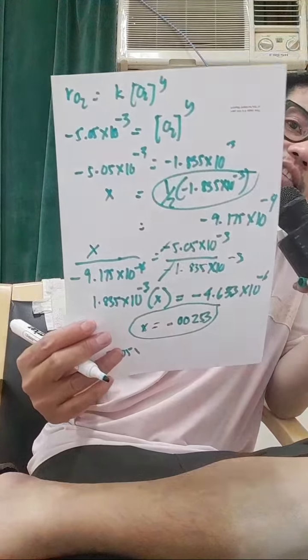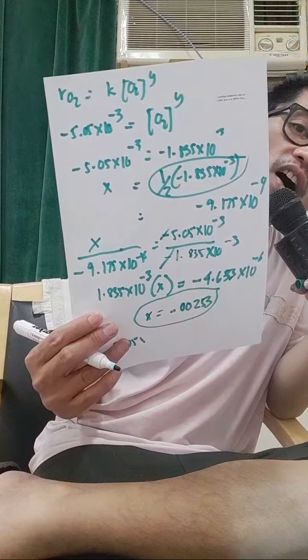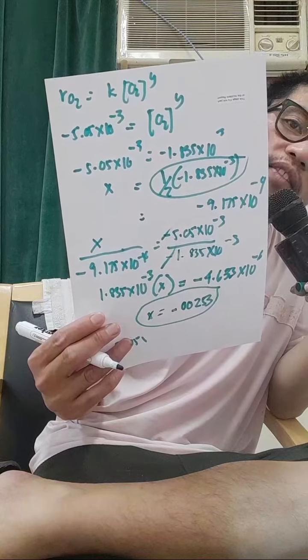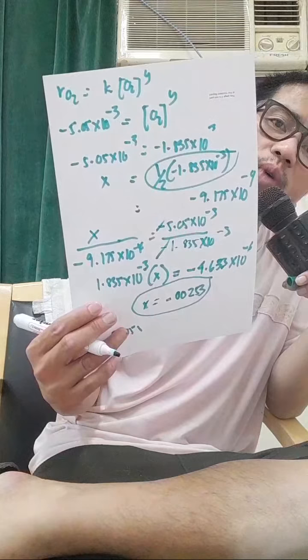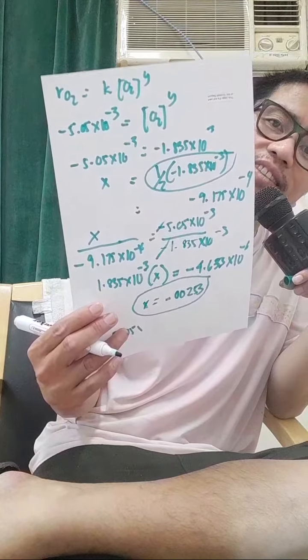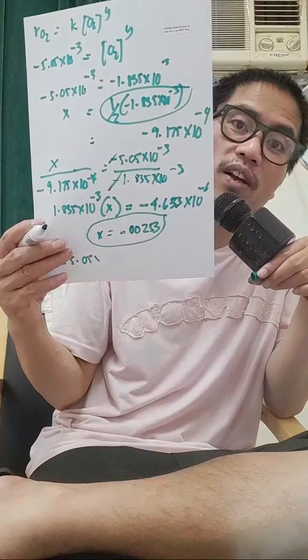See, negative 505. Do you see this, guys? Our oxygen gas rate equals the rate constant times the oxygen gas raised to the power y, wherein y is our reaction order, which is the one we are computing. Now substitute x, our initial concentration of oxygen gas obtained through the relationship.